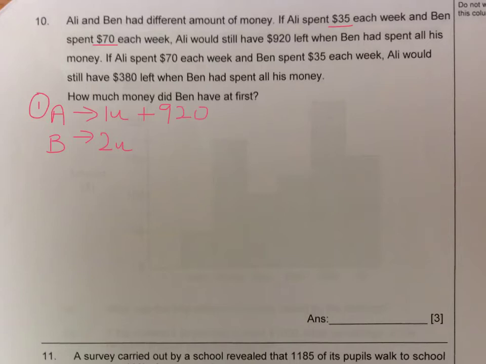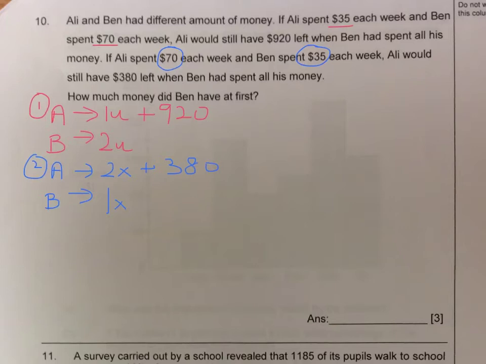Now we look at the second scenario. Ali spent 70 while Ben spent 35. So Ali will spend 2x units while Ben will spend 1x. And when Ben finished all his money, Ali still had $380 left.